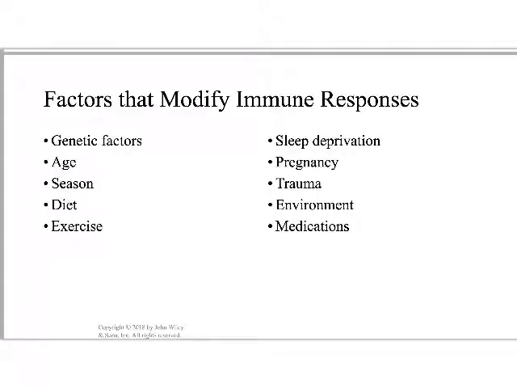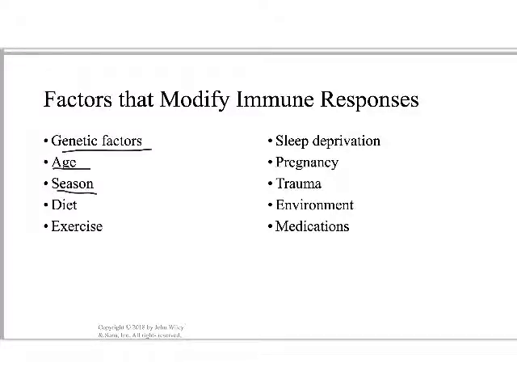Okay, now what can modify an immune response? There's a whole laundry list of things that can change your immune response. It could be genetic, and age, so either babies that haven't been exposed to a lot, or elderly who are weak.